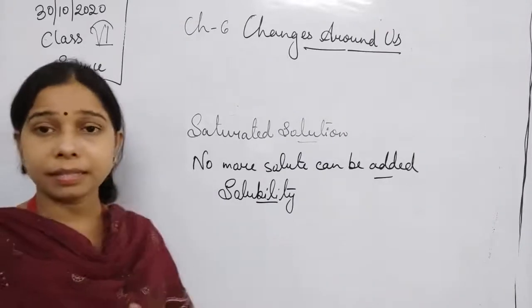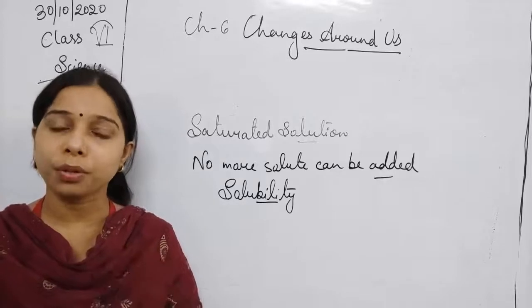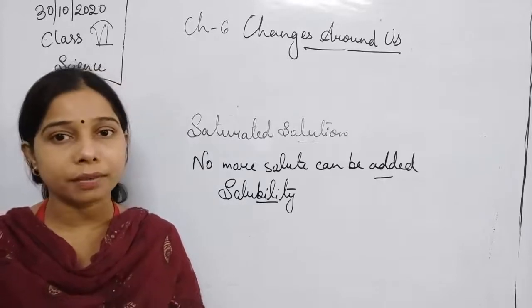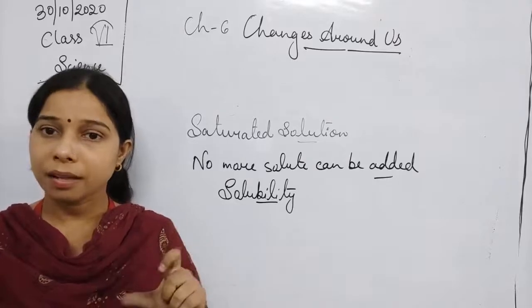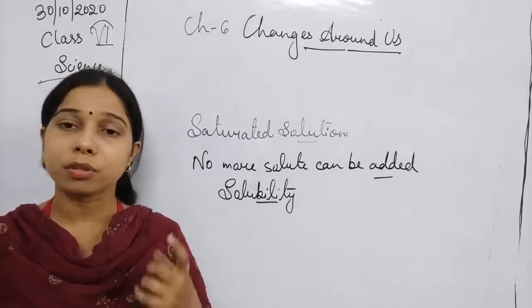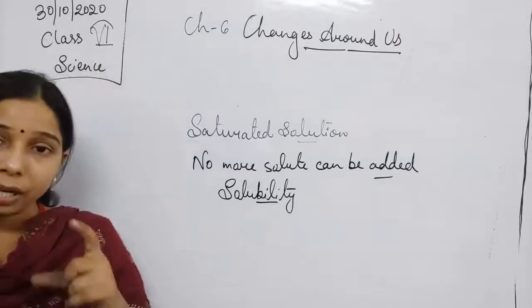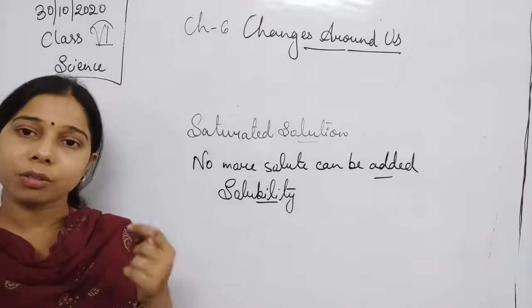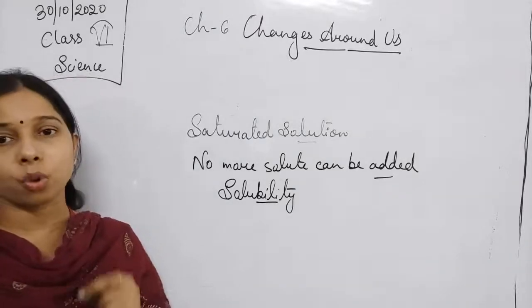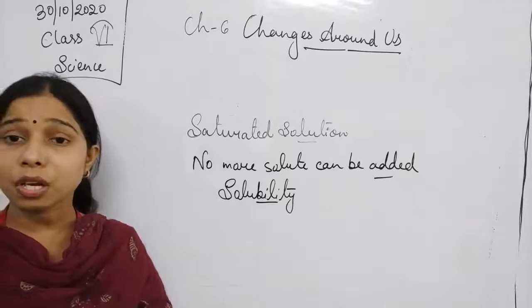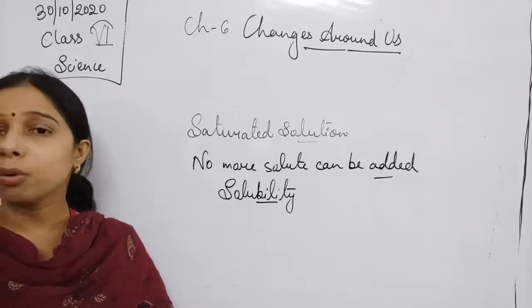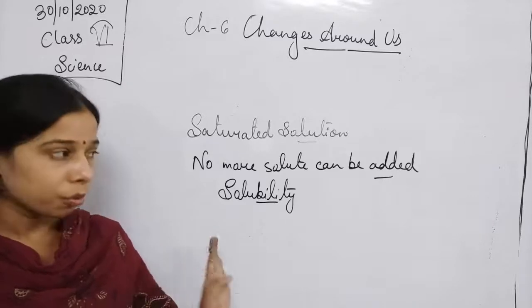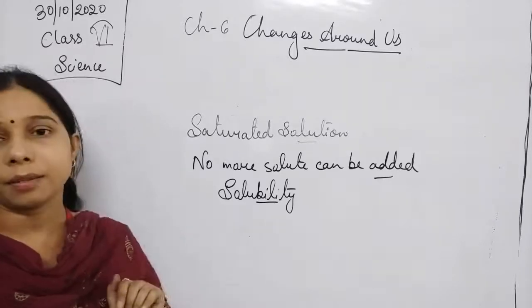So we can say that if more solute can be dissolved by a solvent, then its solubility will be high. And if a solvent, a liquid, can dissolve only a less amount of solute, meaning after some time no more solute can be added in it, then its solubility is less.